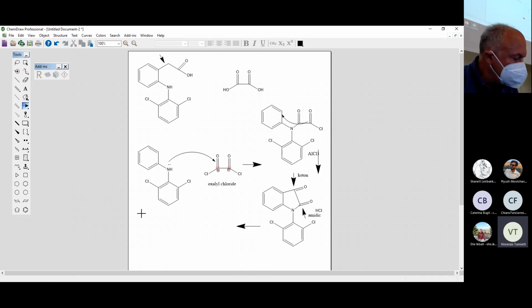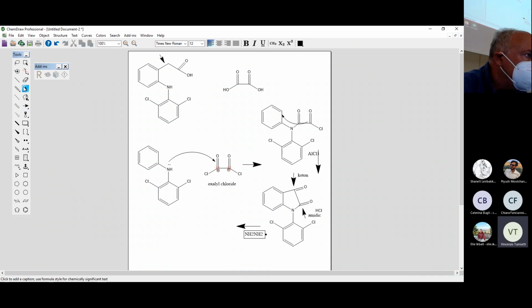The name of the reaction is Wolff-Kishner. This reaction uses hydrazine as a reductive reagent.